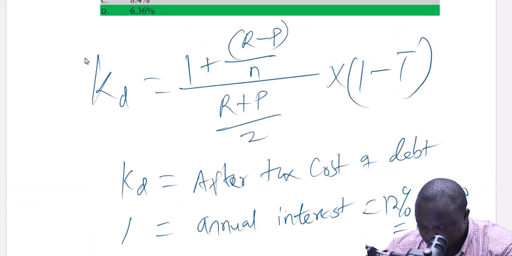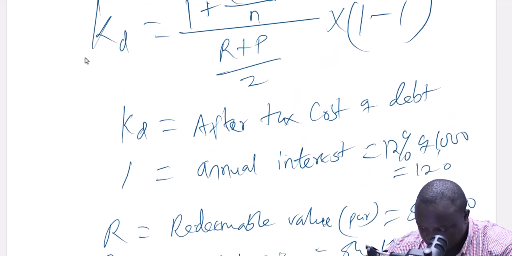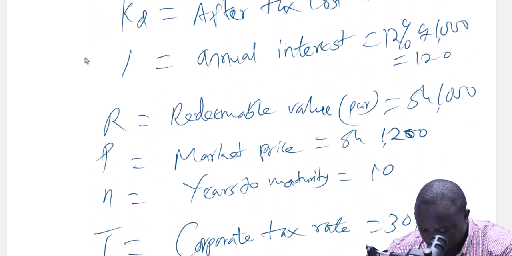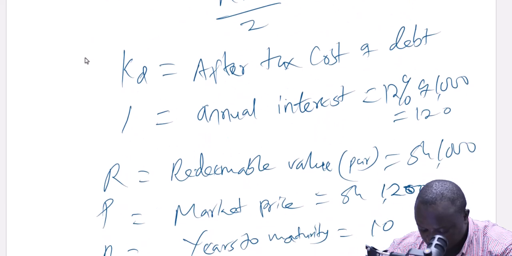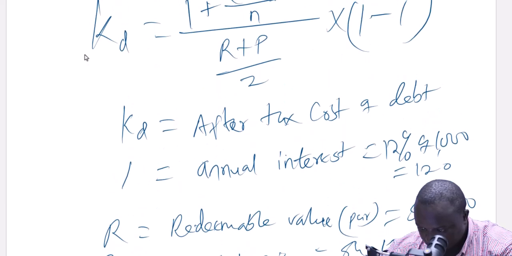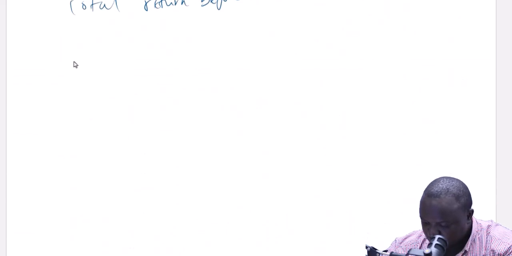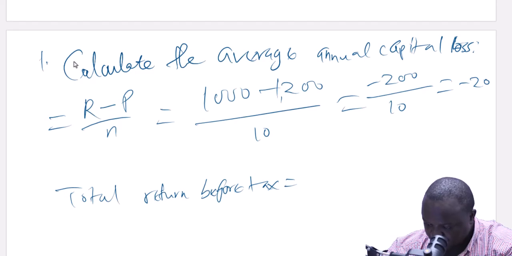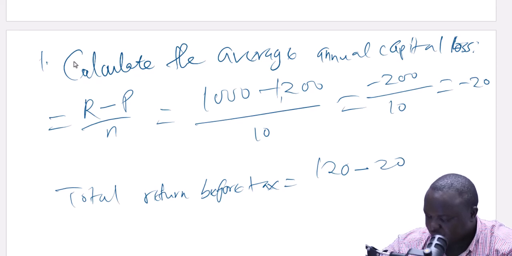The total return before tax is going to be 120 minus 20.